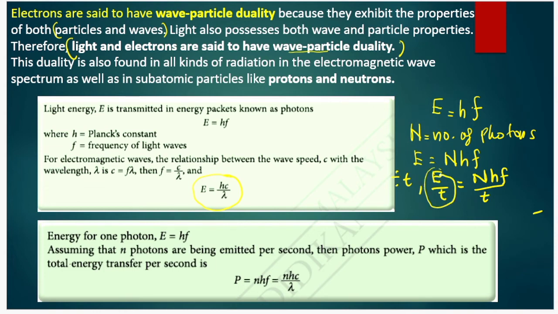E divided by t is known as power. Number of photons divided by t equals the number of photons per second, which is defined by the symbol small n. Thus we get P equals nhf.